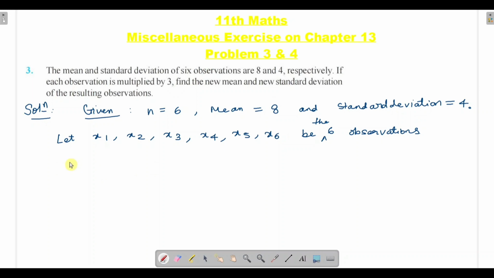Now if we multiply these observations by 3, what will we get?